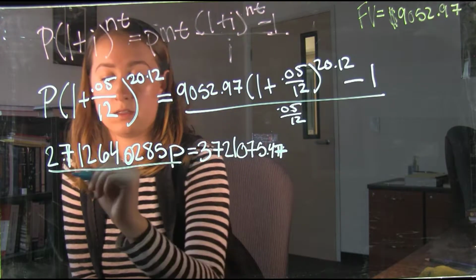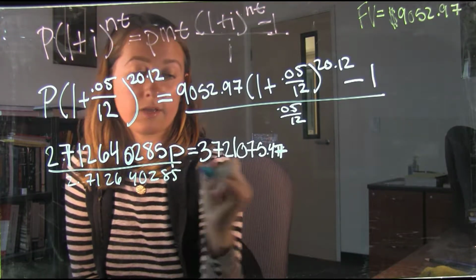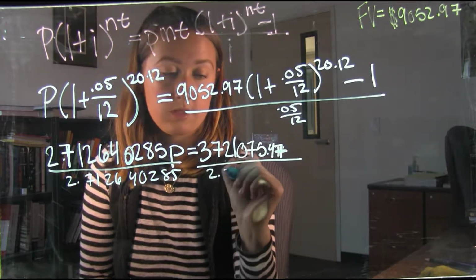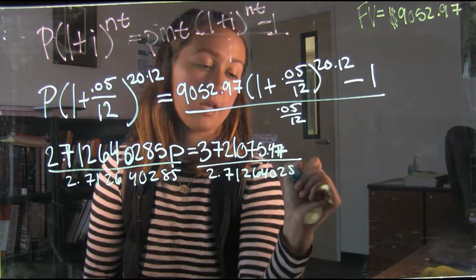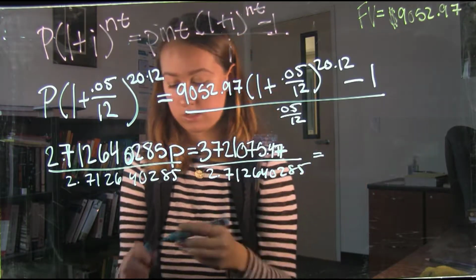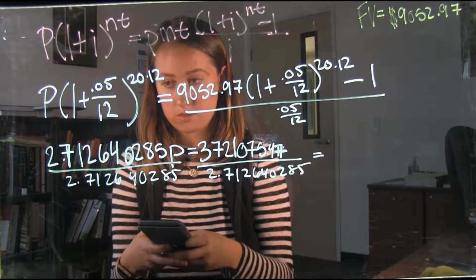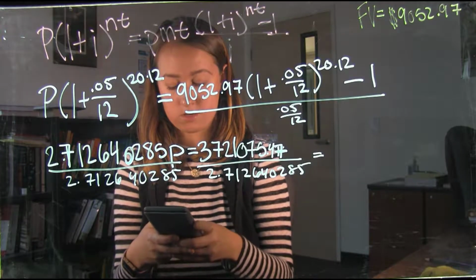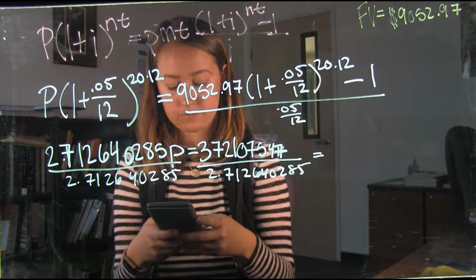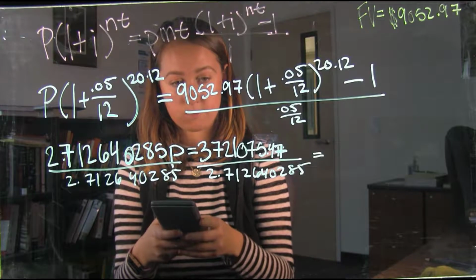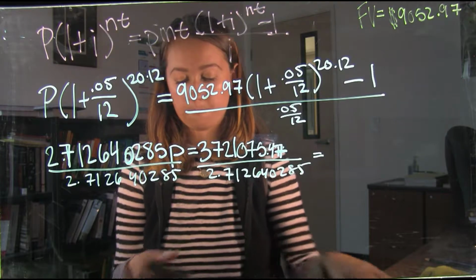So we're going to divide this 3,721,075.47 by 2.7126400285.